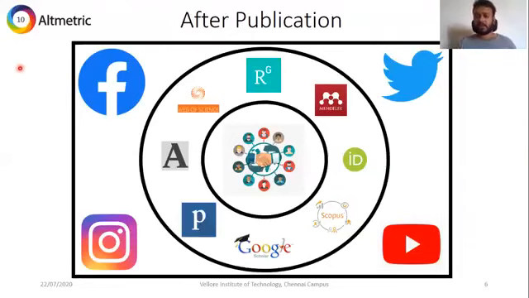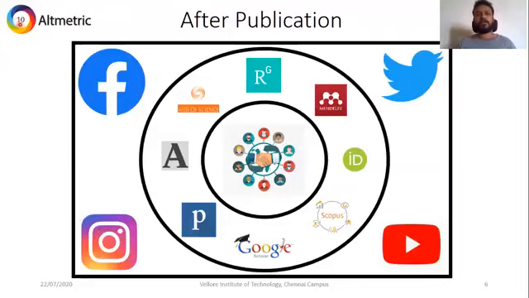For example, in the current scenario, all the research articles which are trying to solve the current global pandemic issues, coronavirus related research, will have a huge number of altmetrics, because whatever is happening in terms of that particular research will be spread across Facebook, Twitter, Instagram.